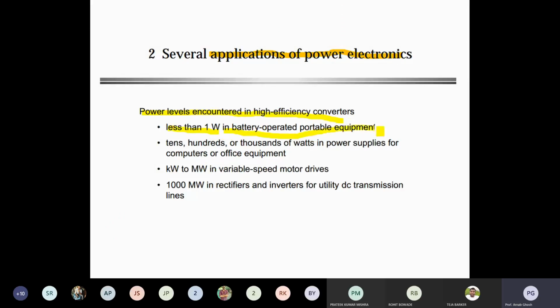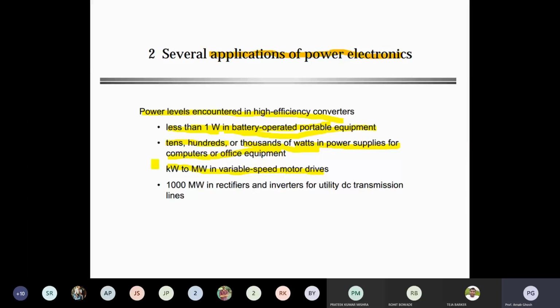So we can understand how wide the application is. One is the less than 1 watt application. Then 10 to 100 or 1000 watts in the power supply for computer and office equipment.